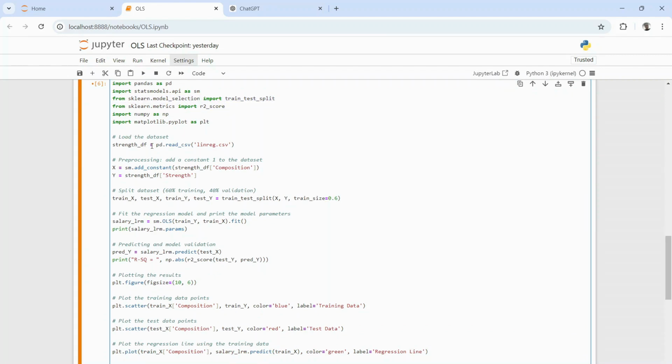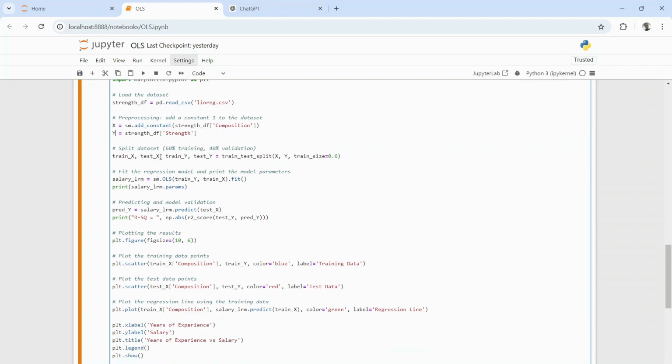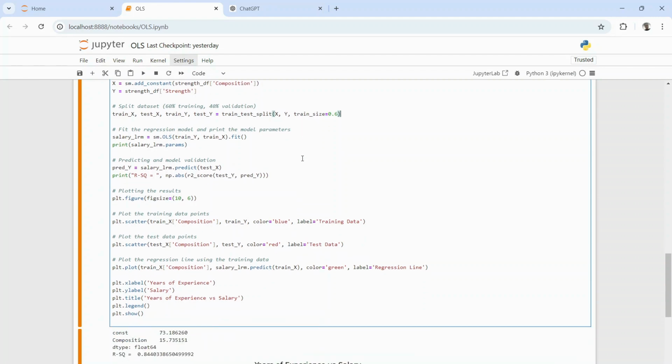First we read the data, and then we define the data in the x variable and here in the y variable. In this line, we are splitting the training and test data in the percentage 60% and 40%. We are using 60% for training and the remaining 40% for validation.